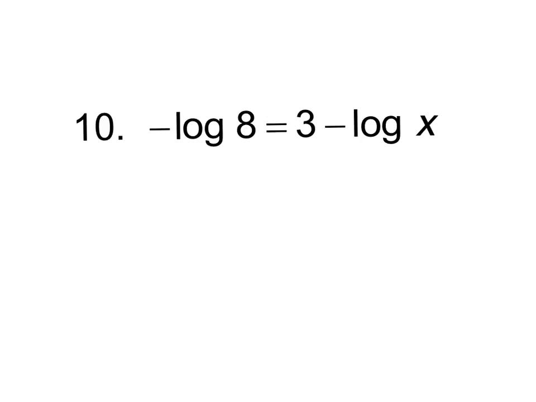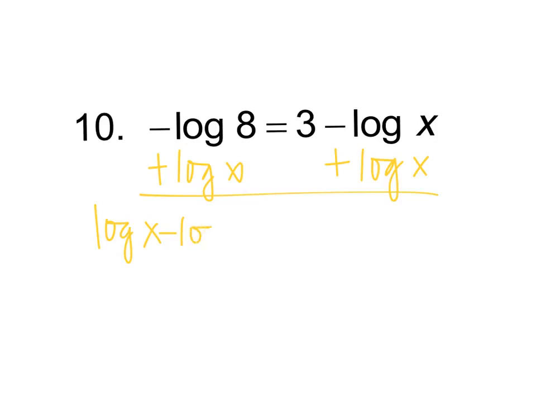So how do you move that minus log x? Yes. So I add log x to both sides. And I get, how'd you write that on the left side? Okay, log x minus log 8 equals 3.